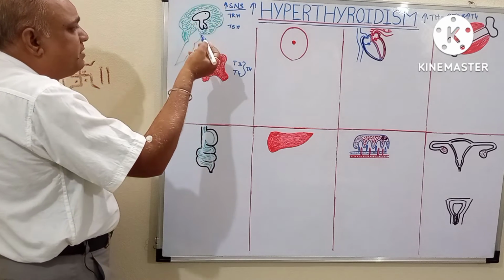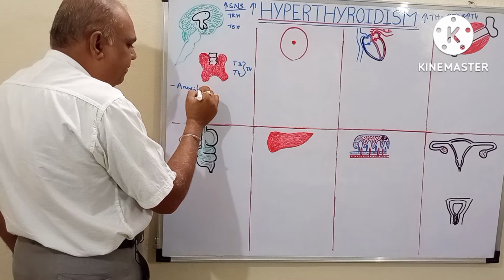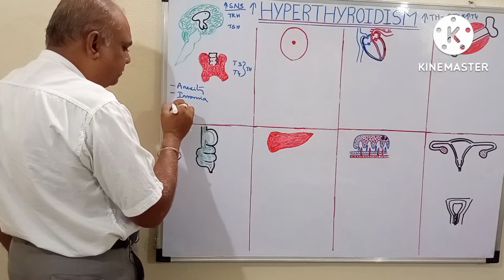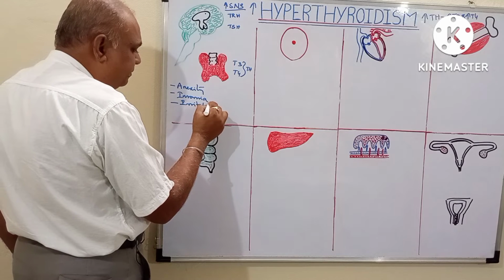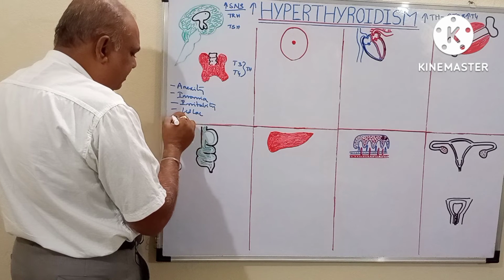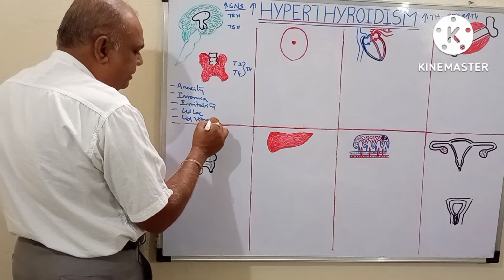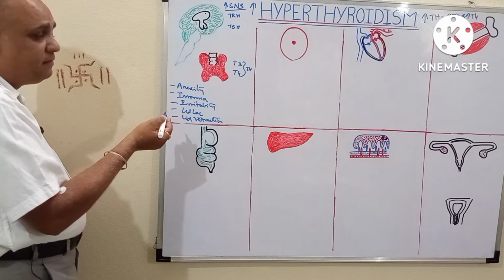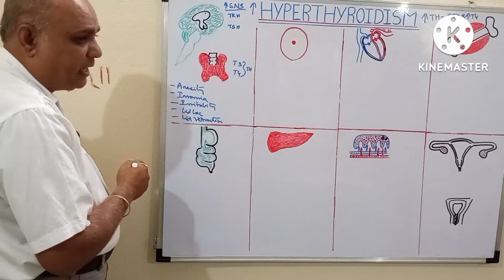When the sympathetic nervous system activity of the brain has increased, that may lead to anxiety as well as sleeping disorder, insomnia, irritability, lid lag as well as lid retraction. These are a few symptoms of increased sympathetic nervous system activity in hyperthyroidism.